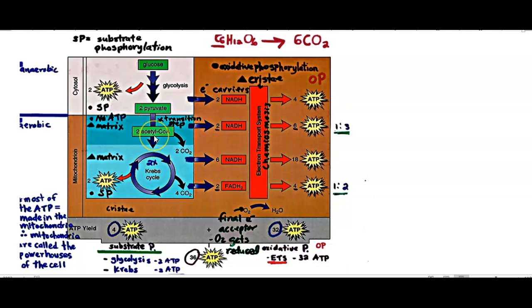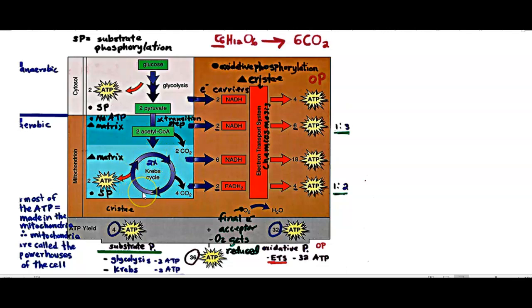There's our transition step, there's our transition molecule, acetyl coenzyme A or acetyl CoA. It only has 2 carbons each, so 2 of them each having 2 carbons. Why does it have only 2? Because look, it gets oxidized, it gives off 2 carbon dioxides. So that transition molecule goes into the Krebs cycle, goes around twice.